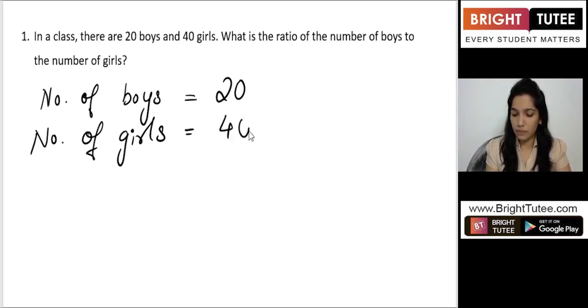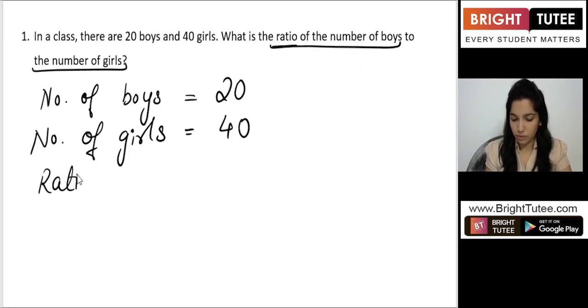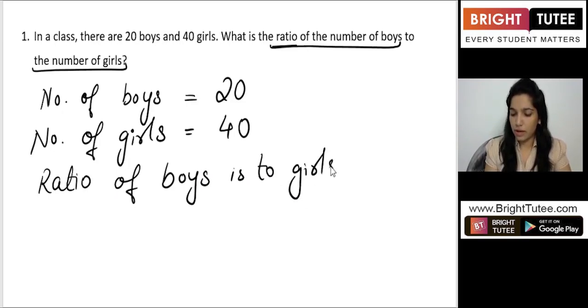It is 40. Now we need to find the ratio of number of boys to what thing? To the number of girls. Clear? So let us find the ratio. Ratio of boys is to girls. Right? This is the ratio that we are required to find.